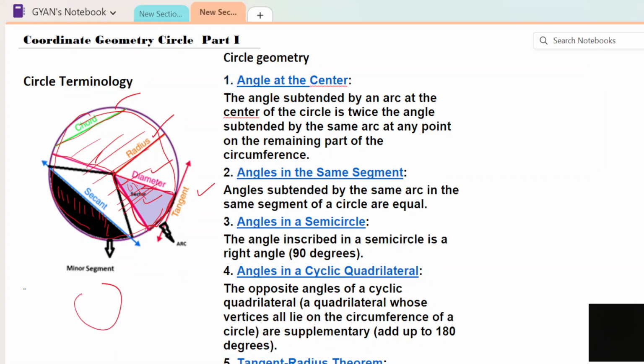Suppose this is a circle. Then any line passing through the center from here to here is called the diameter, and any line which is not passing through the center is called a chord. Half of the diameter is the radius. Any line that just touches the circle is called a tangent.